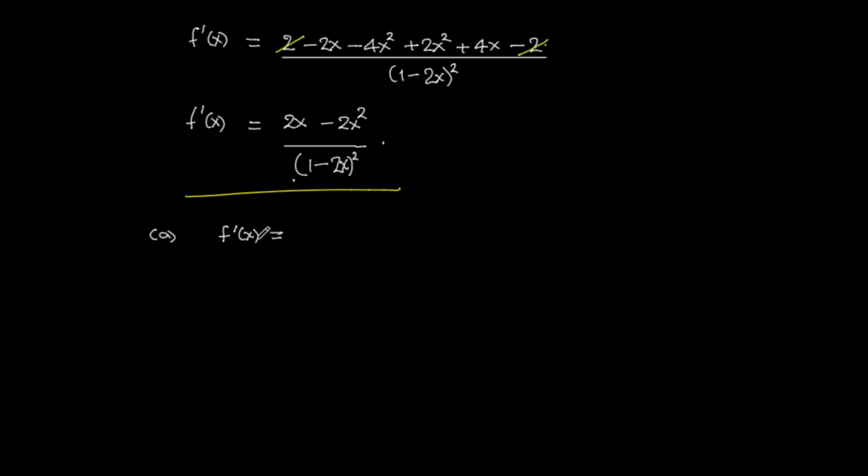First of all, we need to copy this down. That is 2x minus 2x squared all over 1 minus 2x, and it is also squared. Now we are demanded to get when x is 0, meaning wherever we get x, we are replacing it by 0.